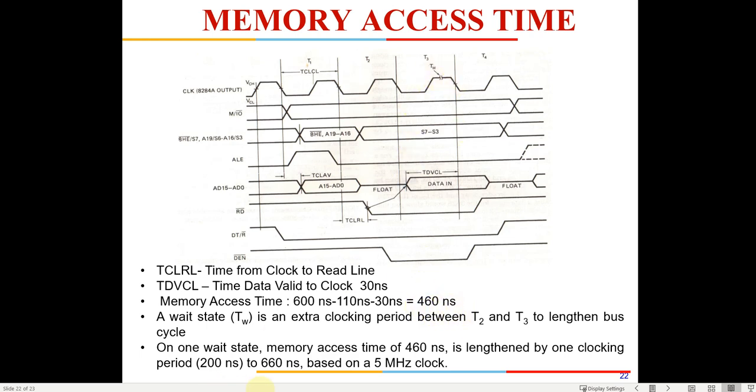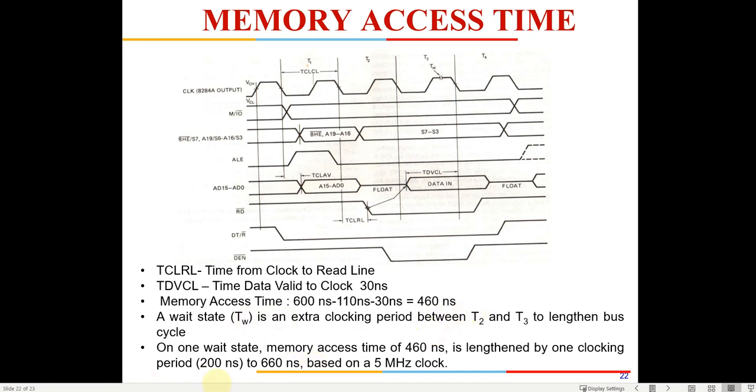we learned in our previous class that we can insert TW, right? Each TW will insert 200 nanoseconds for a 5 megahertz signal. So if you have a memory which is slower than 460 nanoseconds memory access time, then we can insert TW.